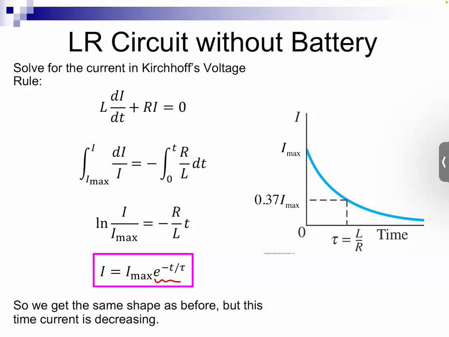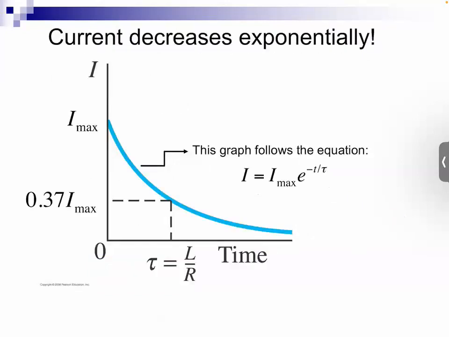If we set time equal to the time constant tau in this exponential function, we again get 0.37 times Imax. So tau is the time it takes for the current to decrease to 37% of the maximum value.